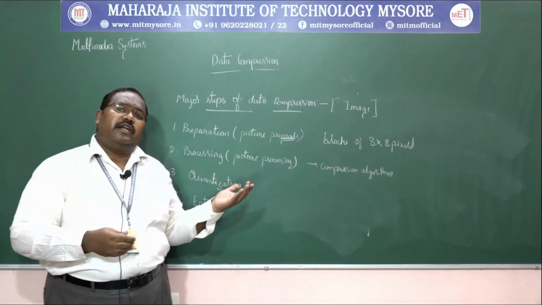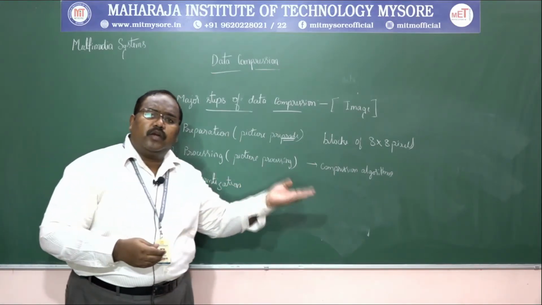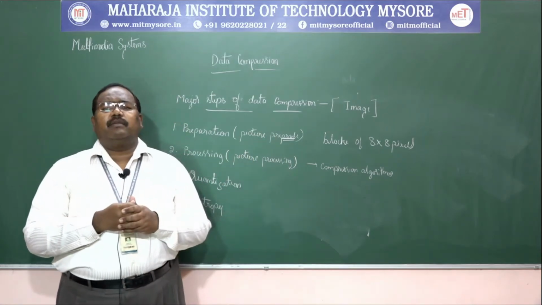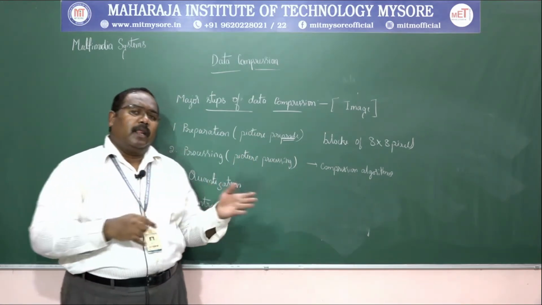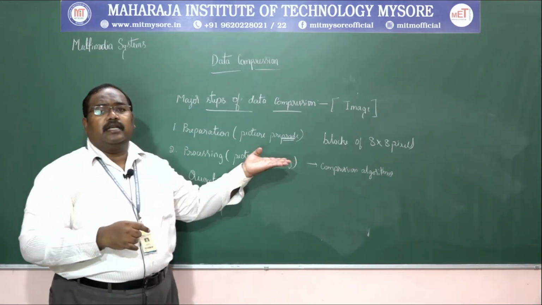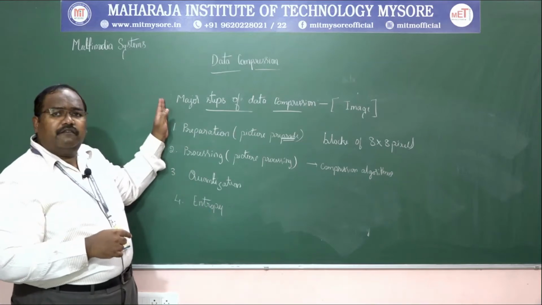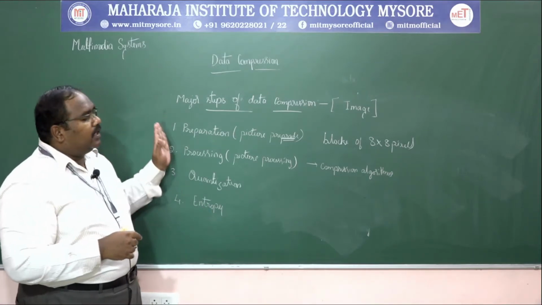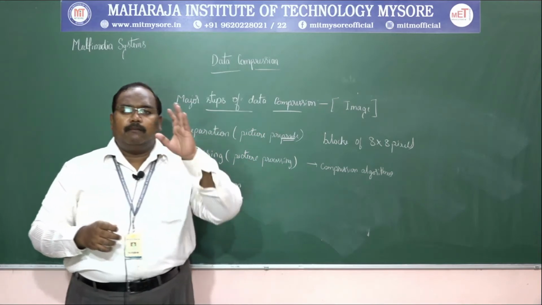When the data is quantized, we start the entropy concept. Different techniques can be used here to perform the final lossless compression. We discussed these techniques at the beginning of these classes; they come under entropy coding. This is how the different steps are used in data compression for a single image.